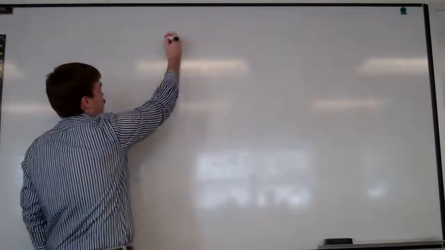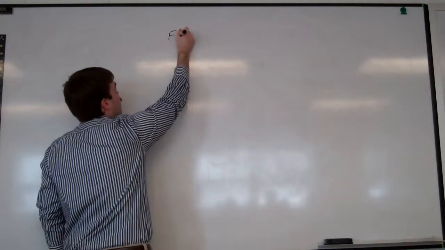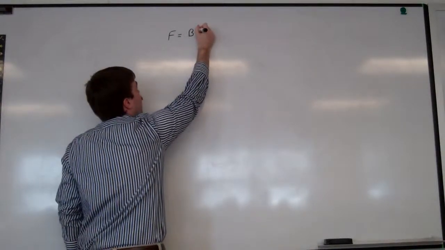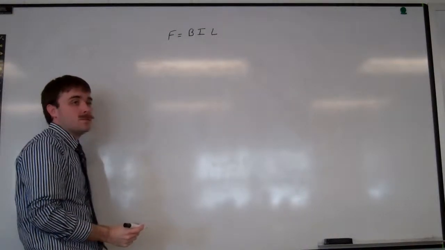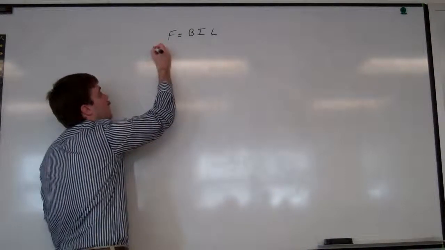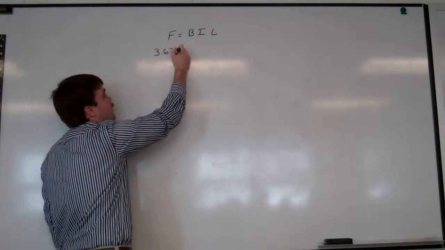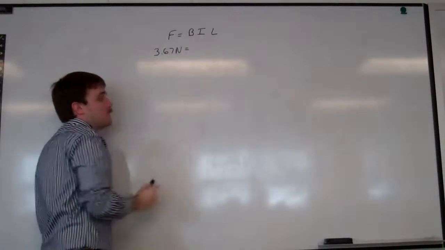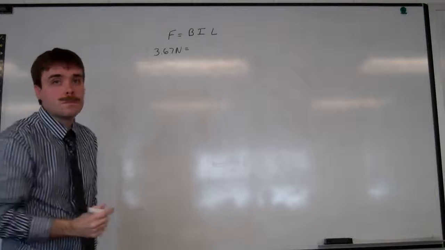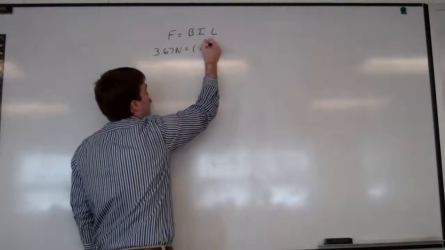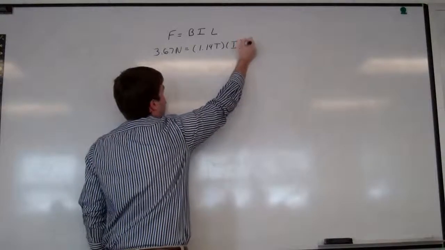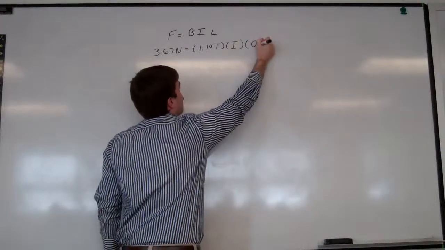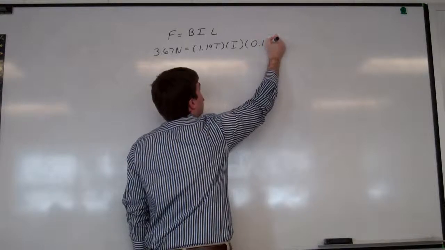So we're using F equals BIL. What's the force? 3.67 newtons. What is the magnetic field? 1.14 teslas. Current's what we're looking for, and what's the length of the wire? 0.14 meters.